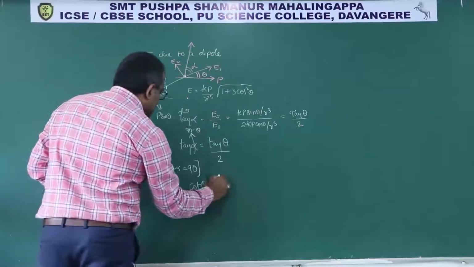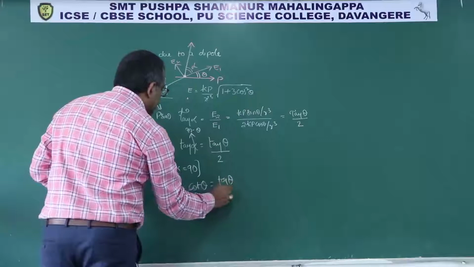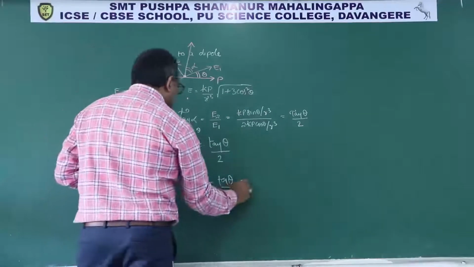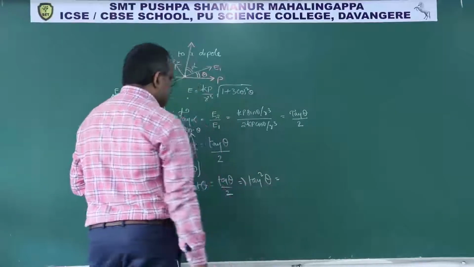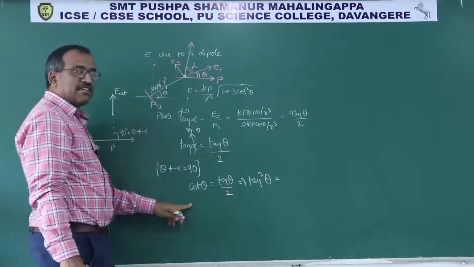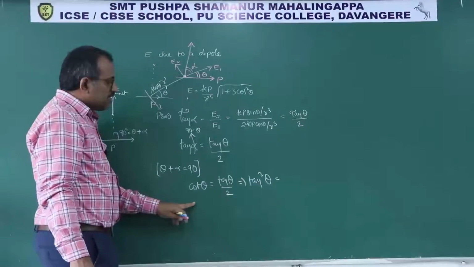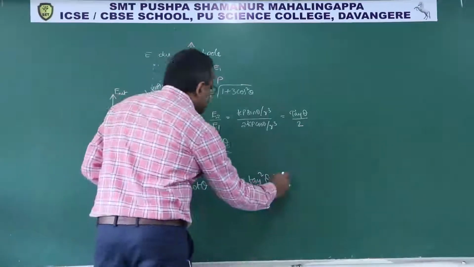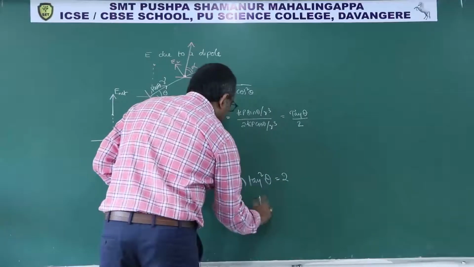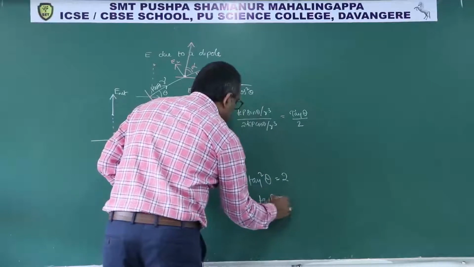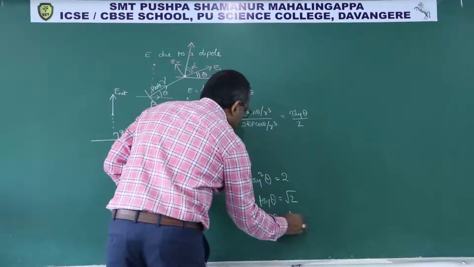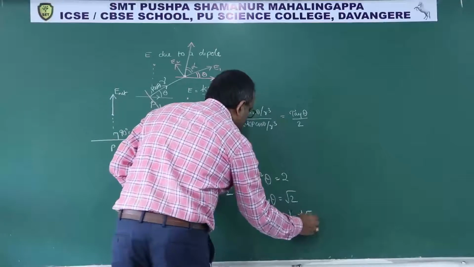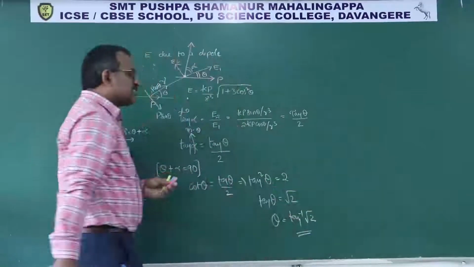So cot theta is equal to tan theta by 2, and hence tan square theta is equal to 2, because cot theta is 1 by tan theta. Then tan theta is equal to root 2, so theta is equal to tan inverse root 2. So please take care.